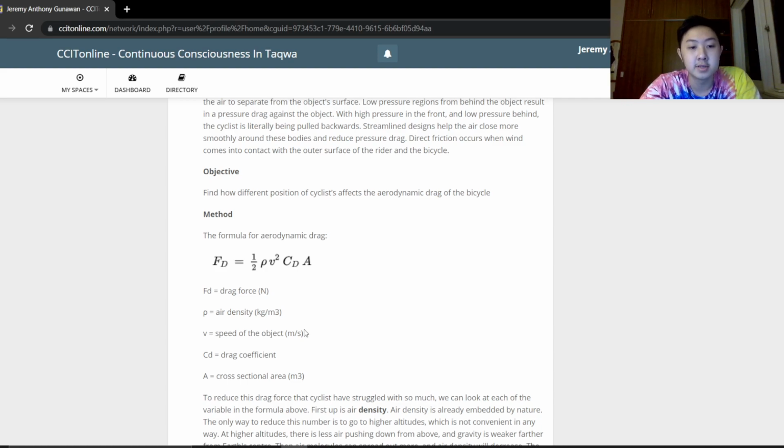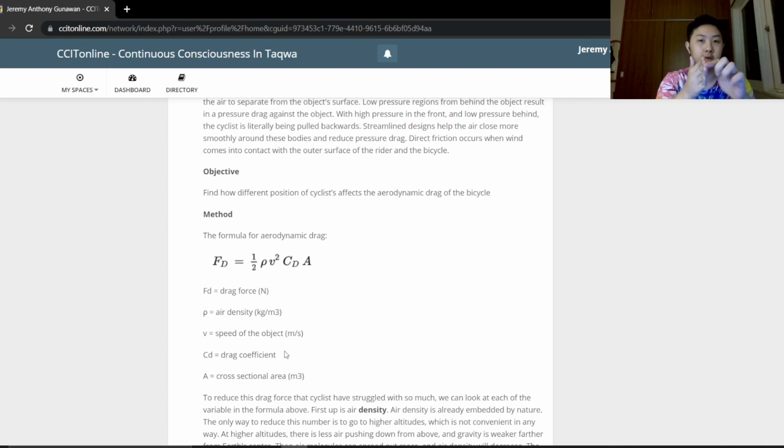The v is the speed of the bicycle, and the Cd, or drag coefficient, is a number based on the smoothness of the surface and the speed of the object. A is the frontal cross sectional area that's going through the wind.